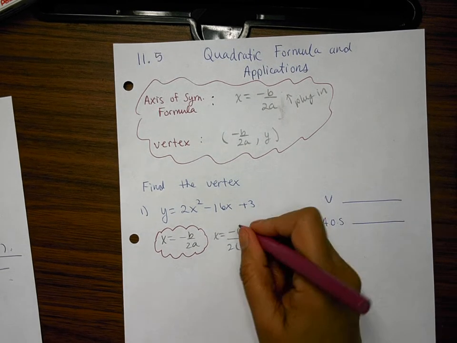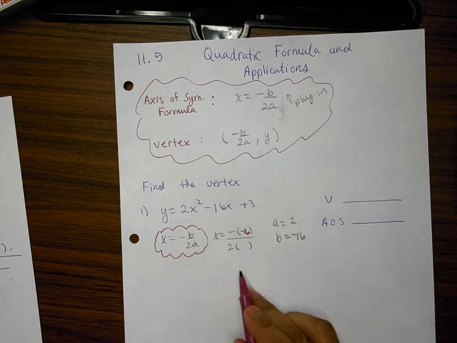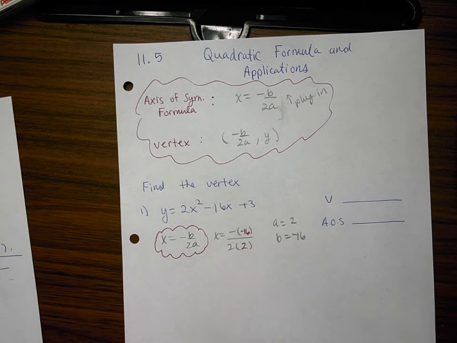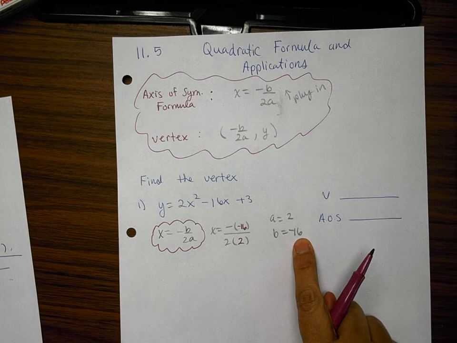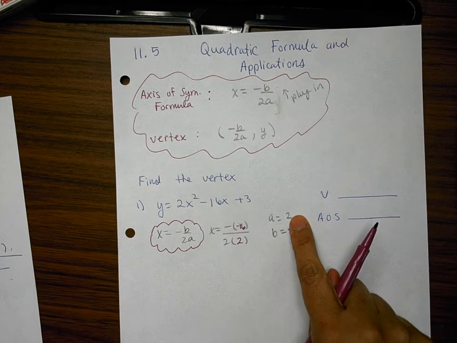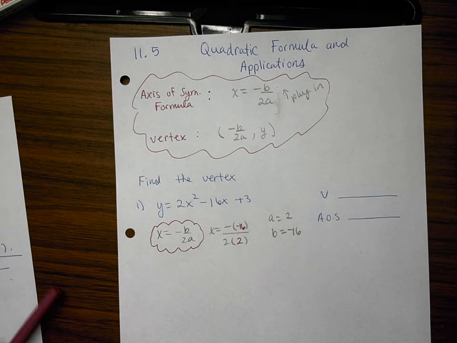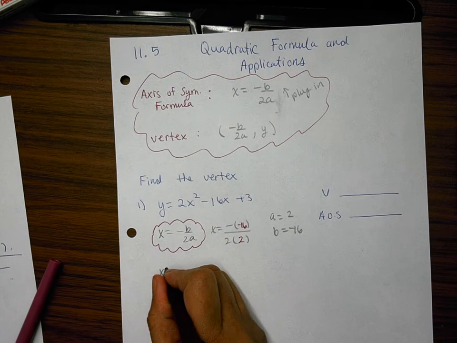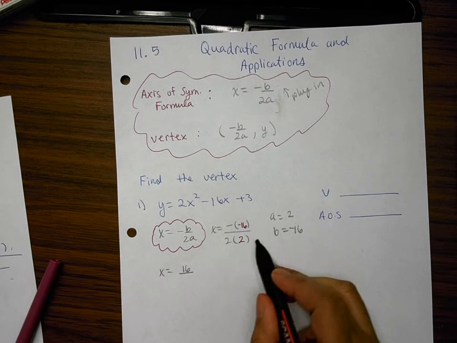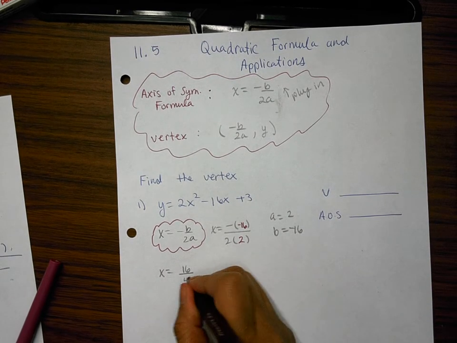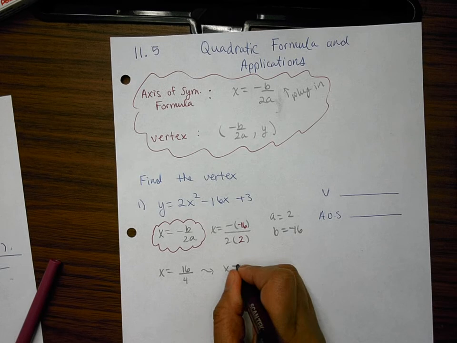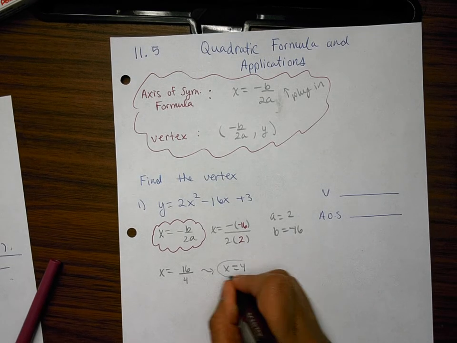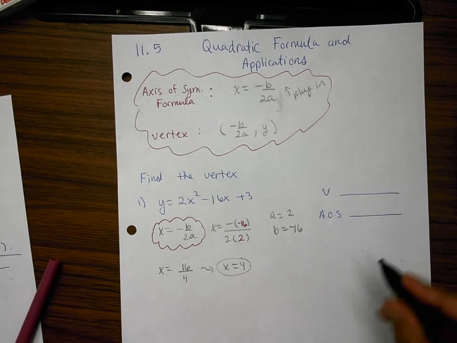What is b? Negative 16 over 2 times a. A is 2. Okay, opposite of negative 16 gives me positive 16 over 2 times 2, which is 4. And that gives me x equals 4. That is my axis of symmetry.